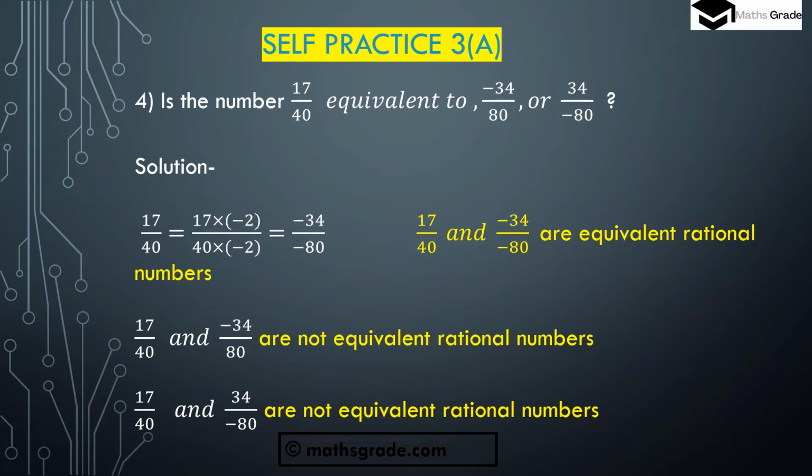If we multiply the number -2 with 17 and 40 both, we get 17 multiplied with -2, which is -34, and 40 multiplied with -2, which is -80. So -34/-80 is equivalent to 17/40. Both 17/40 and -34/-80 are equivalent rational numbers.